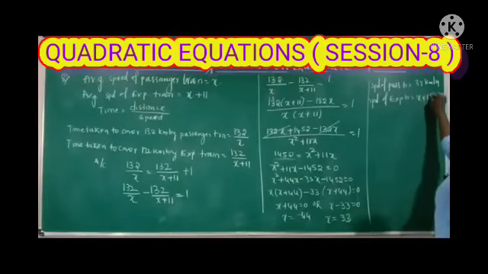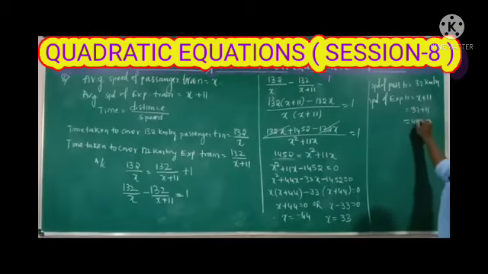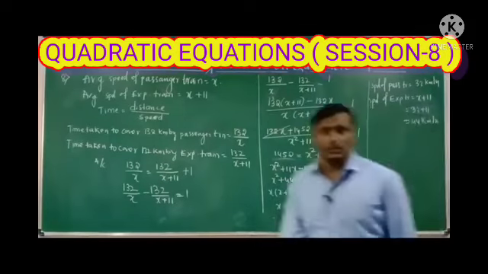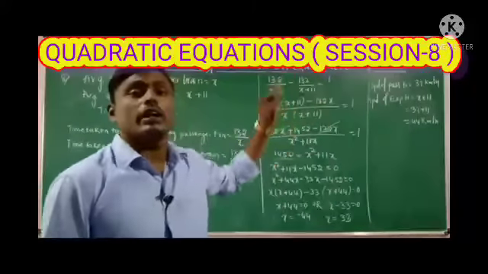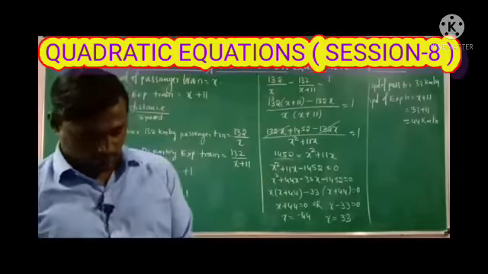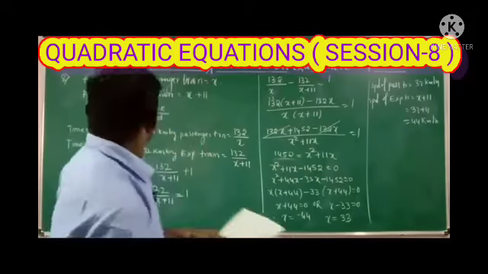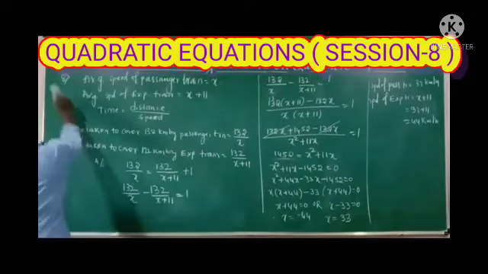So x plus 11 is nothing but 33 plus 11, that is equal to 44 kilometer per hour. So these are the two required average speeds of the passenger train as well as the express train. Okay, next, see the next question, ninth one.